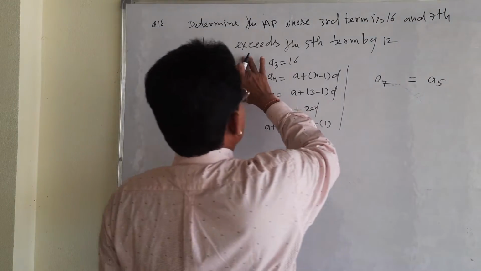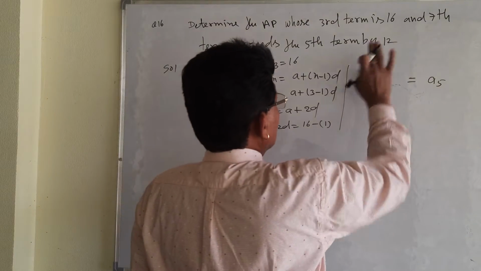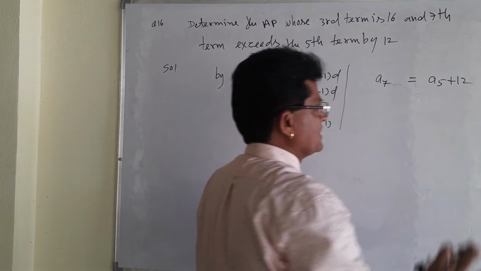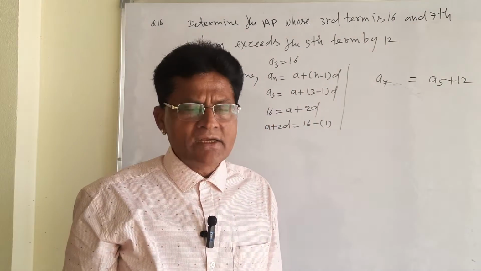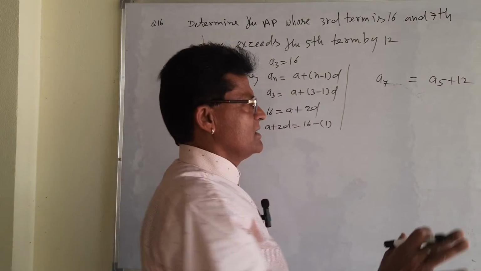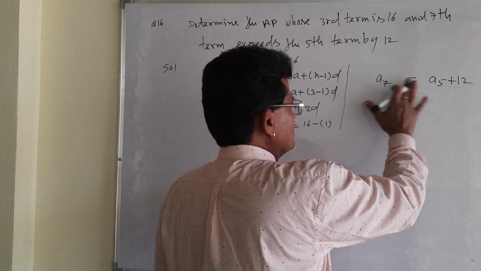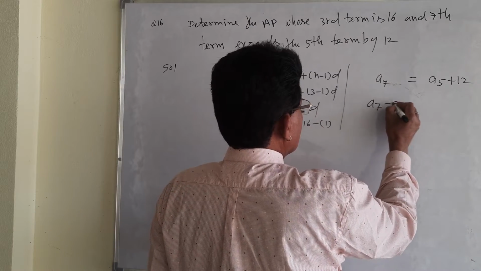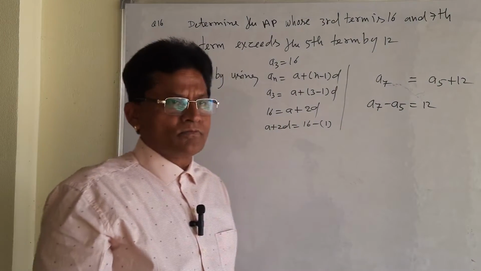Seventh term, denoted by A7, is equal to the fifth term. Seventh term is more than the fifth term. How much more? 12. Either you add 12 to the fifth term or you subtract 12 from the seventh term, so that both will be equal. The seventh term is more, the fifth term is less, and their difference would be equal to 12.